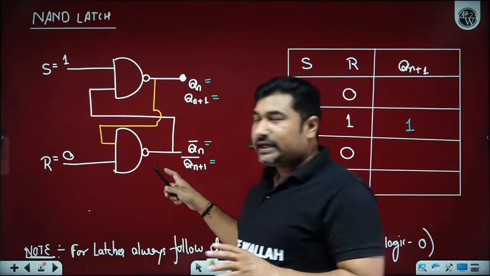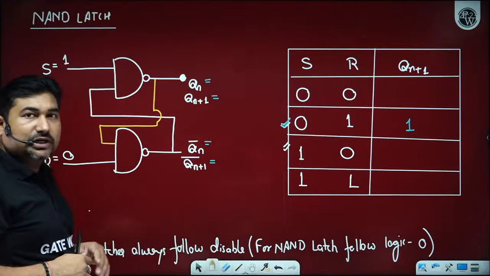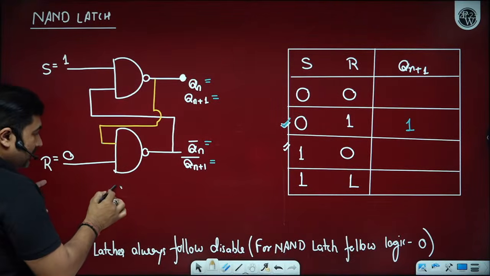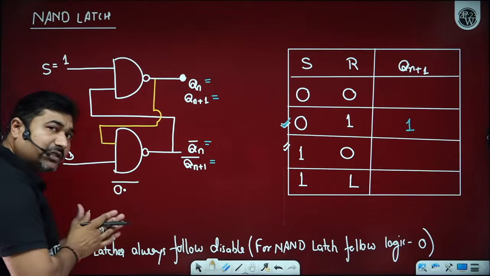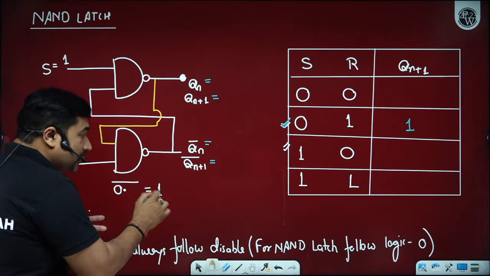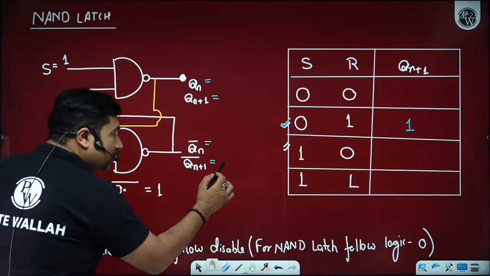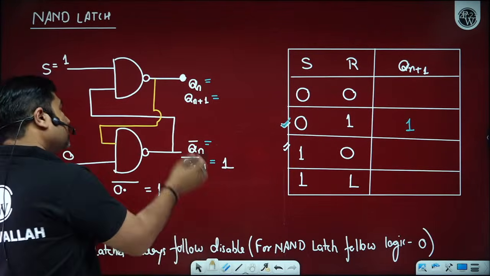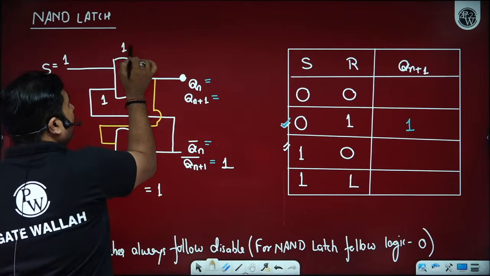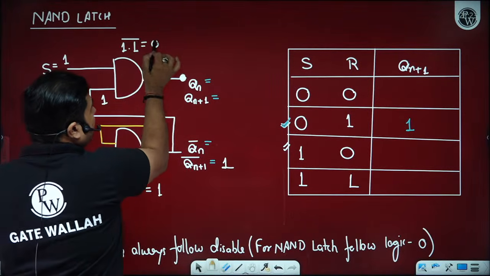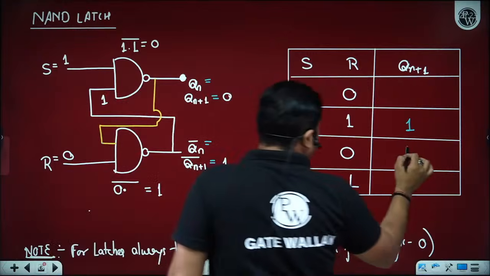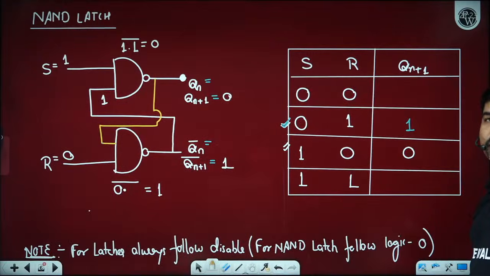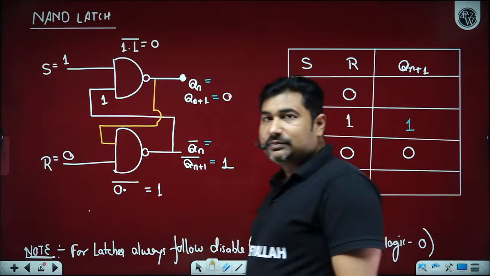It doesn't matter what Qn and Qn bar are. If R is 0, 0 multiplied by anything is 0 and its complement is 1. So this output Qn plus 1 is going to stabilize as 1. This 1 will come here and now 1 into 1, its complement will become 0. So at Qn plus 1 we are getting 0. Hoping all of you are able to understand up to this part.